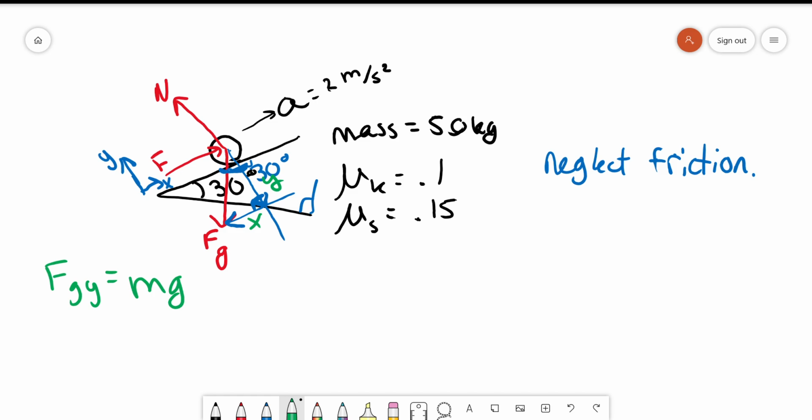But enough about that, we're back on our force of gravity in the y direction, our y component. Since we have to break this into a component, this is our original force, and this is the y component, and this angle is 30 degrees. So according to SOHCAHTOA, or trigonometry, we can use cosine of 30 to find this component.